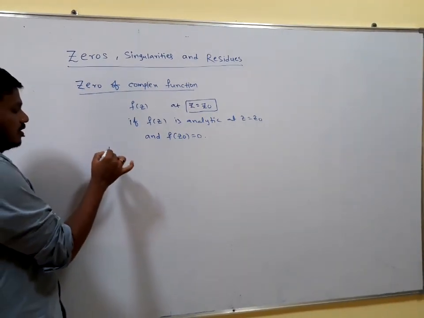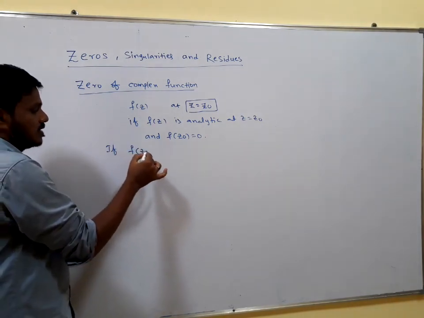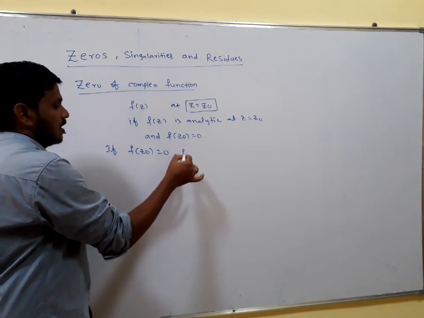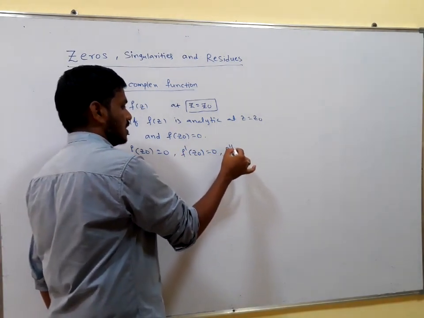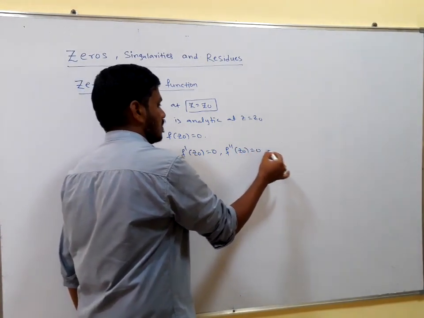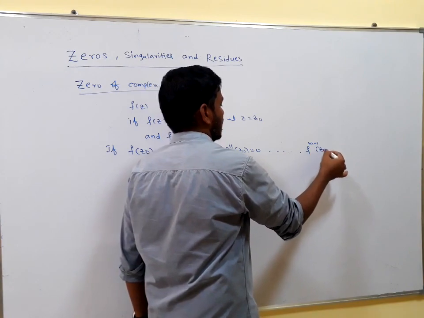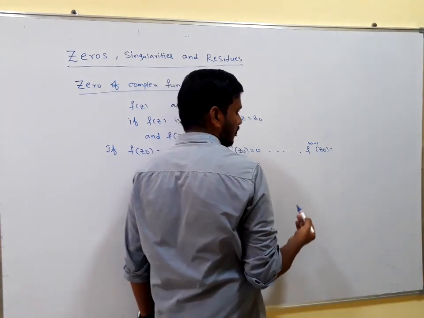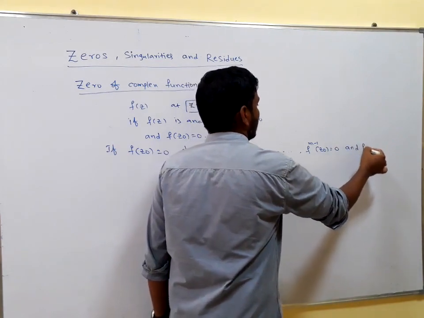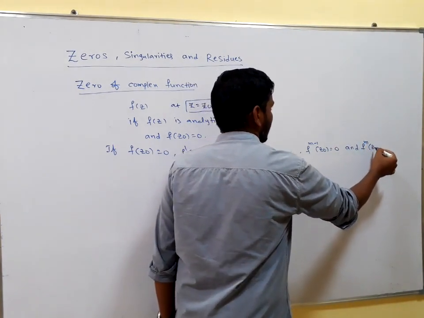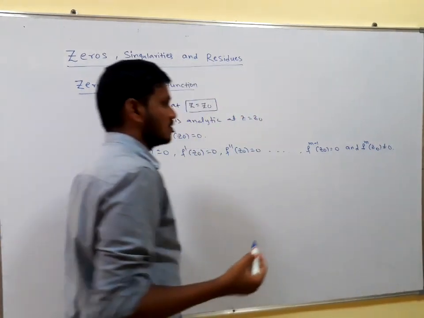Suppose f of z is a complex function, where f of z naught is equal to 0, f dash of z naught is equal to 0, f double dash of z naught is equal to 0, and so on, up to the (m minus 1)th derivative of f at z equals z naught also 0, and the mth derivative of f of z at z equals z naught is not equal to 0.